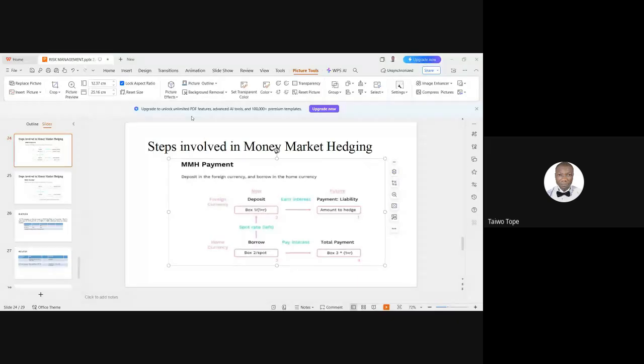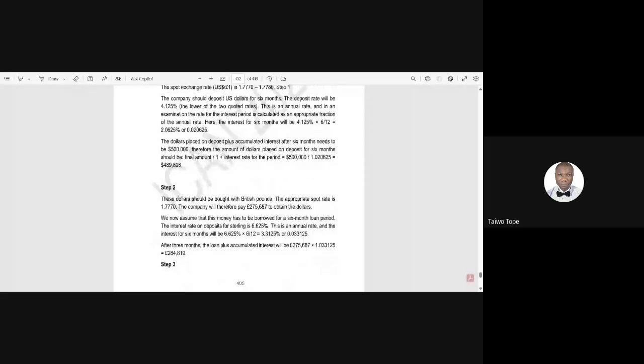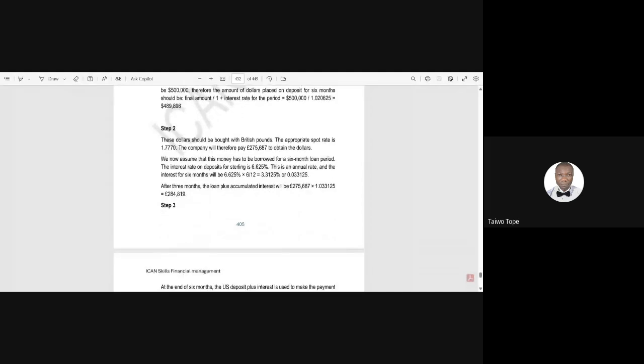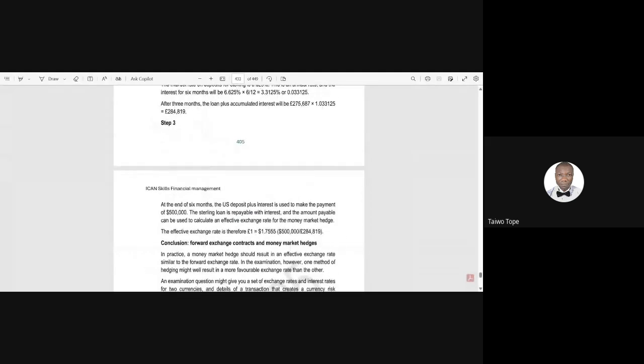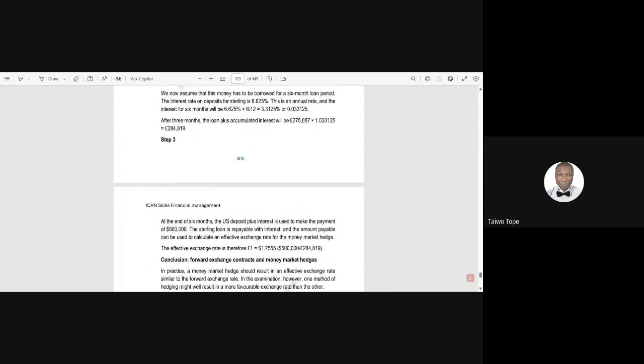Let's see what they have there in the study pack. So you can see it, 284,819. But what they are doing in step 3 is to get the effective exchange rate. That is the value you make a deposit on in relation to your final result here.